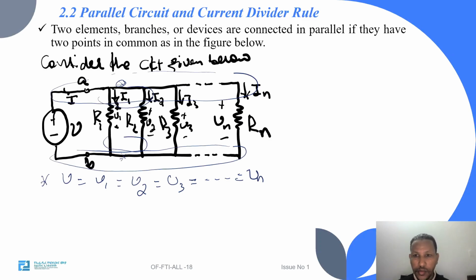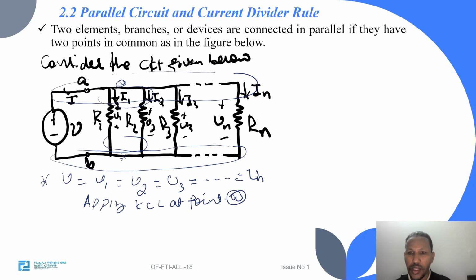Okay. And the other one is, let's apply KCL, Kirchhoff's current law, at point A, or node A. That means we have the total current I, and we have the currents divided among the parallel connected resistors. You can remember that for series connected resistors, the voltage is divided among the resistors.